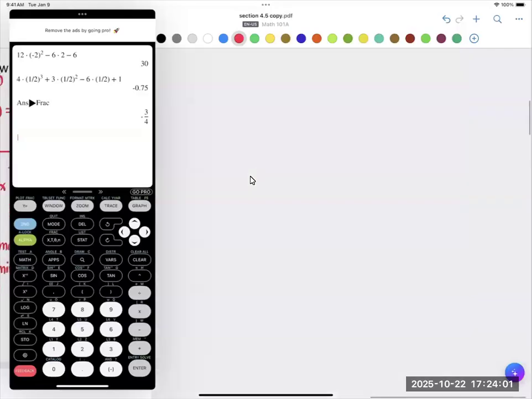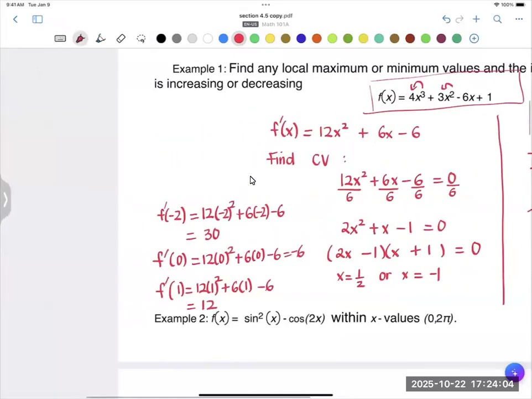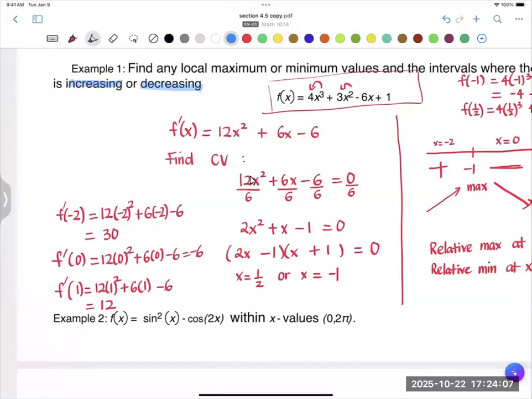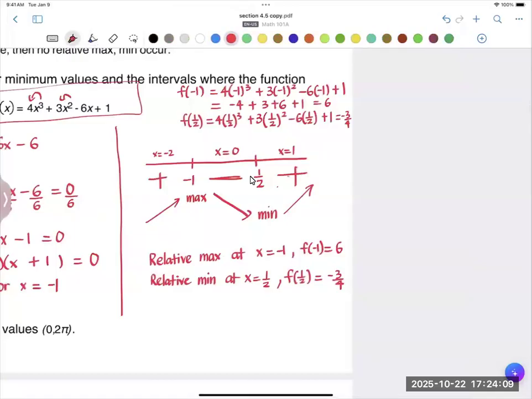Now about the increasing and decreasing intervals, because the problem is still asking you for increasing and decreasing. By looking at the arrows, we can tell whether it increases or decreases. Increasing on negative infinity to negative 1 and 1/2 to, no, 1/2 to infinity, not 1/2 to 1. Because the arrow goes up on this part and the arrow goes up on that part.